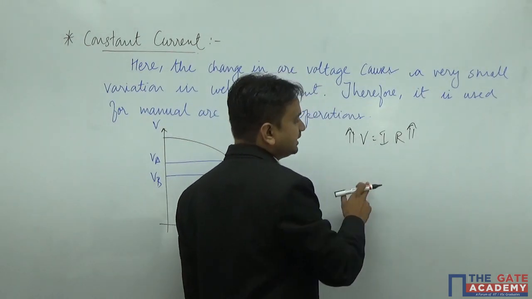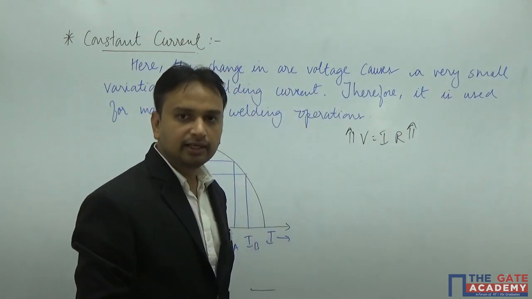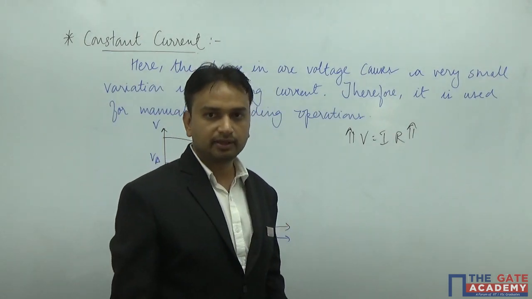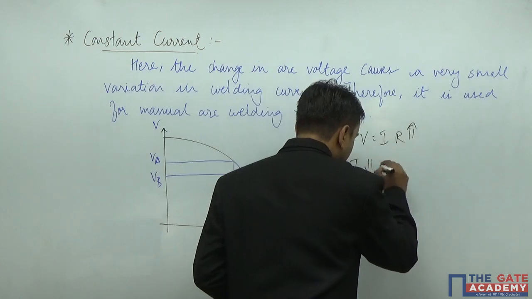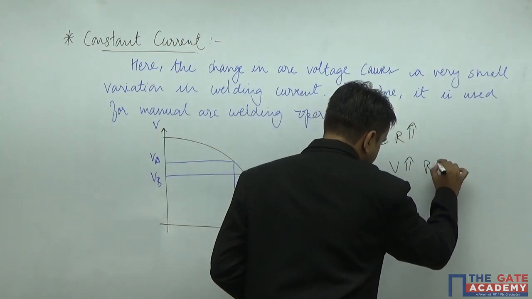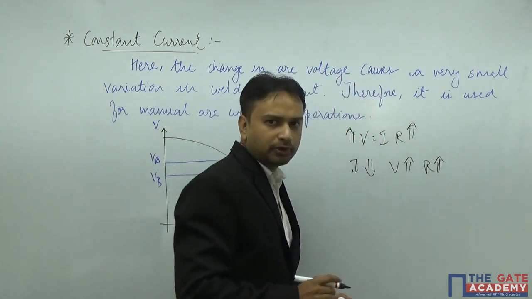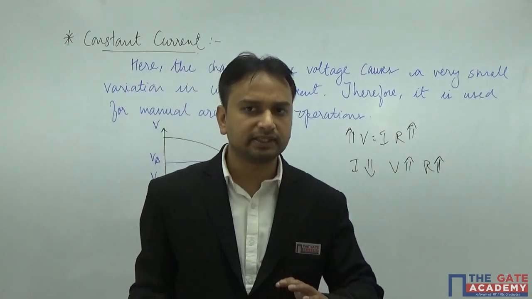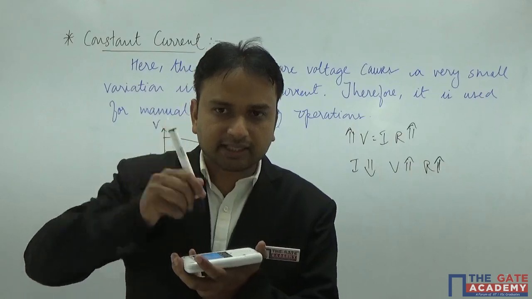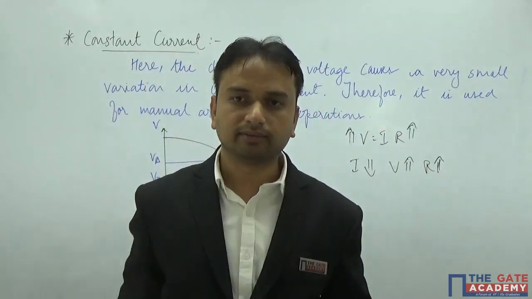Because voltage is increasing, the current will decrease. So the current decreases, voltage increases, and resistance increases, right? Getting the point? And when the current has decreased, don't you think the welding operation is getting affected because of this change in the length over and over again?